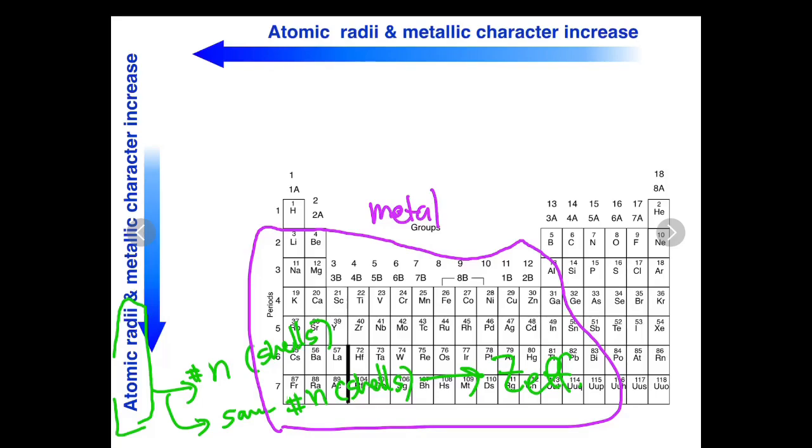The reason for that is that all of these are most likely to lose electrons in comparison to this side of the periodic table. So this is the non-metal. So they are most likely not to lose electrons. Okay, so that's why we have two categories on the periodic table, based on their ability to lose electrons.